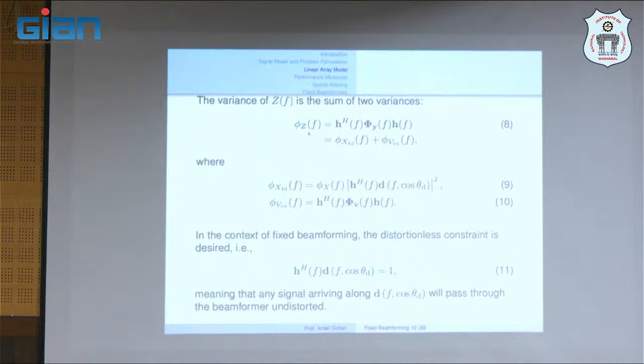Now we can compute the variance of the output of the beamformer. It is composed of two components: one is the variance of the filtered desired signal, and one is the variance of the residual noise. Like this. This is the distortionless constraint to a certain direction. You see?